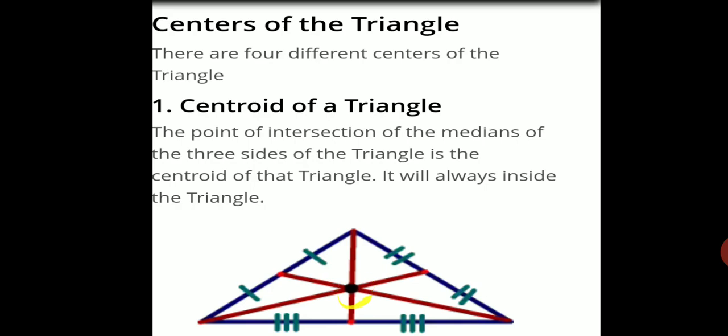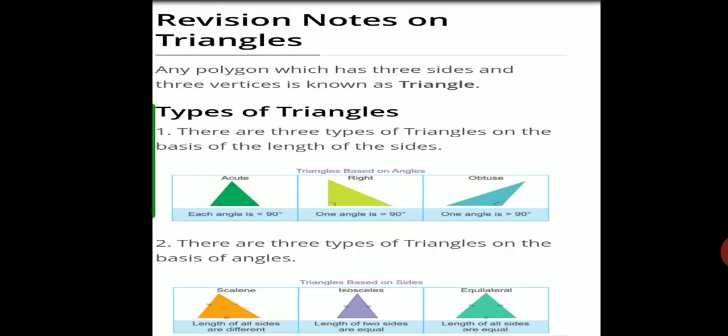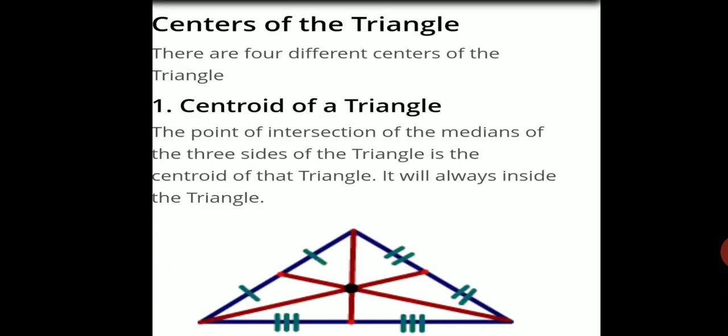So this point is known as the centroid of the triangle. The point where all 3 medians intersect each other is known as the centroid of the triangle. This black point is the centroid.